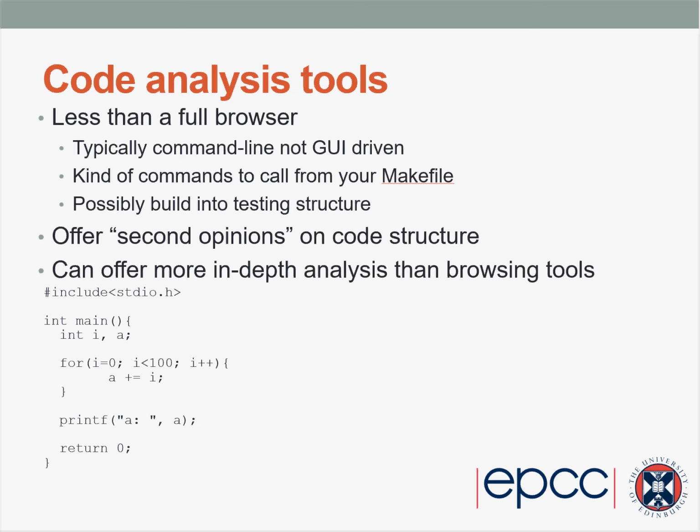So for instance, here we have an example of a little bit of C code. At first glance, certainly to me it looks pretty correct. It's a very small piece of code, it's not doing anything complex, but I can see that it's taking a variable, it's looping over it, it's adding it up, and if I run that through most compilers, this code would compile fine and I could run it, but actually in reality it's not correct code.